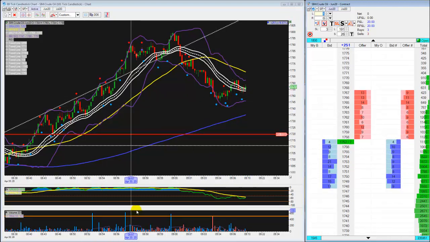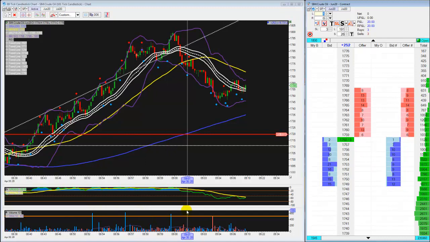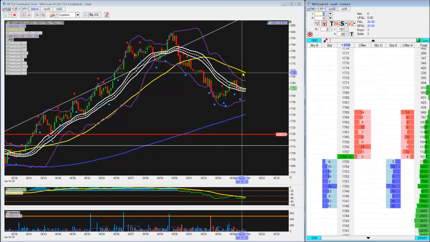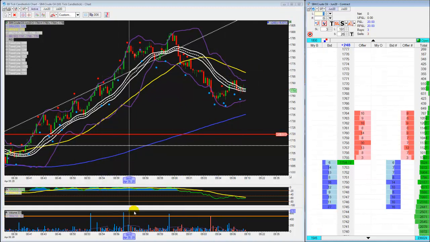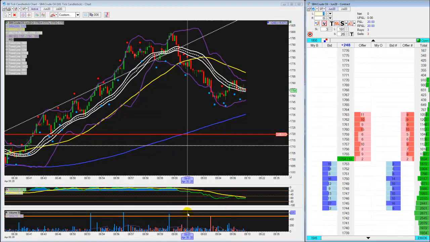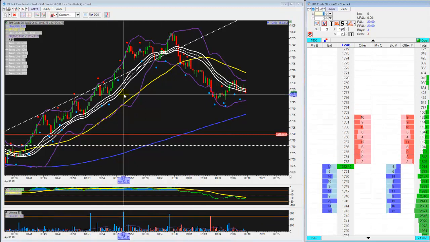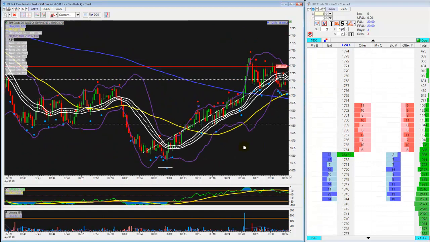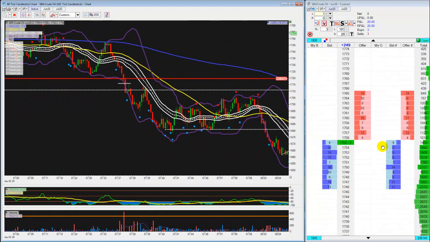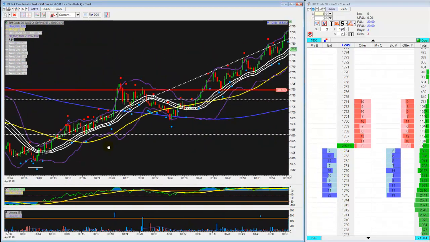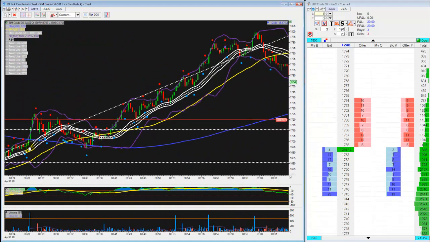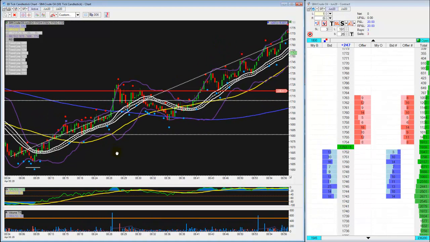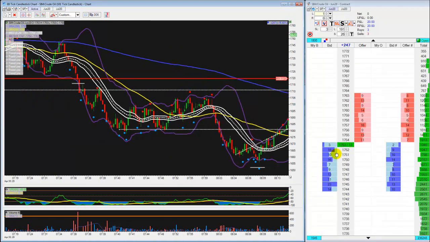So what I'm asking myself is, is this volume here enough to turn it around? And what I'm saying in my head at this point is no, it's not enough. This isn't enough to make the market turn over. So where was there a good point to go long?